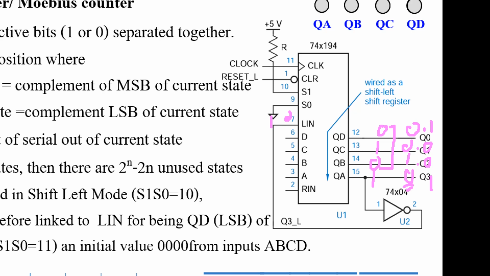Namely, this circuit cannot self-correct. It needs, for example, a reset or clear to go back to the initial state of 0, 0, 0, 0.